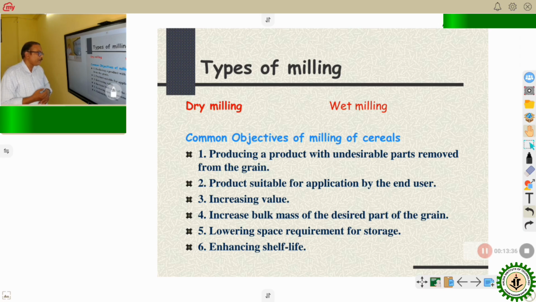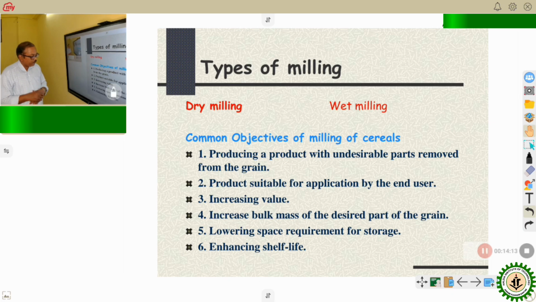Bread is prepared from high protein wheat flour, while biscuit is prepared from comparatively lower protein flour. Milling is done by blending two or three different wheat varieties having variable protein content, mixing them first and then doing a dry milling operation.